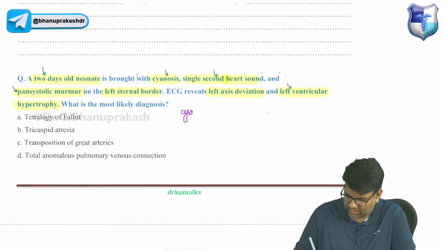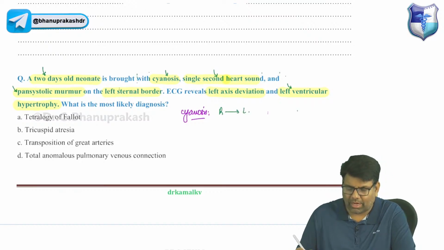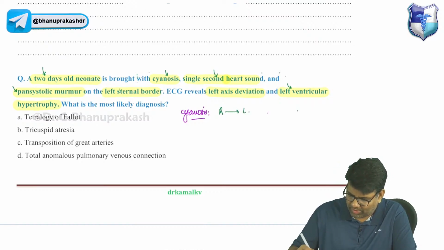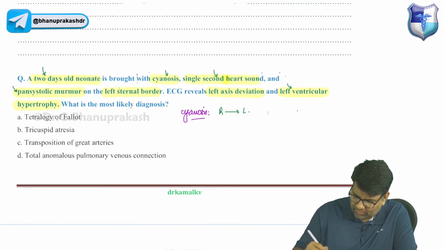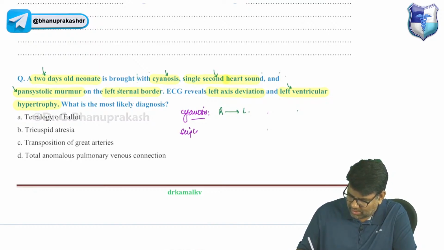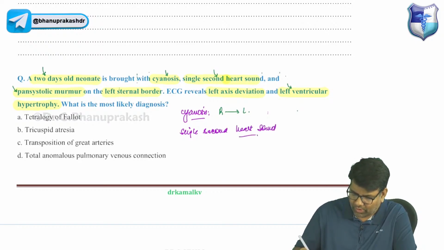Whenever we are saying cyanosis, it means the condition is what kind of shunt? Right to left shunt, number one. When we are saying single second heart sound, it means one of the components of the second heart sound is absent.